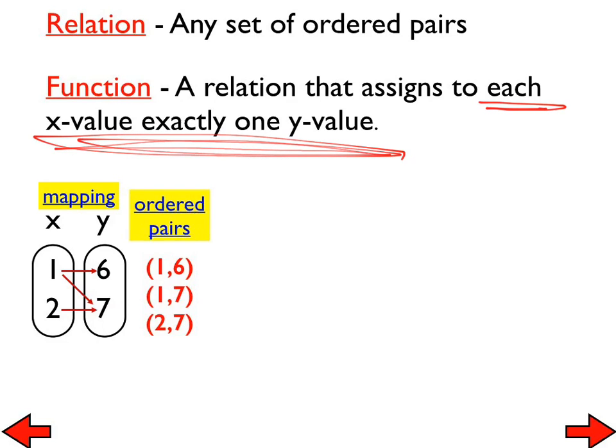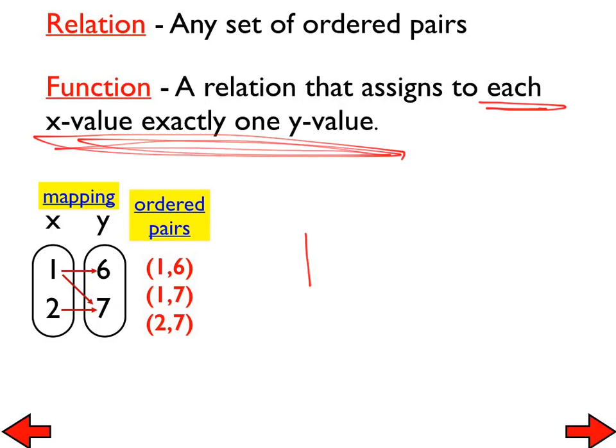It is because there's no repeating. Oh wait, it's not, because there's 2 sevens. There's 2 sevens, but the definition doesn't say anything about there being 2 y values. Each x value has exactly one y value. Is it not because one of the x values has 2 y values?